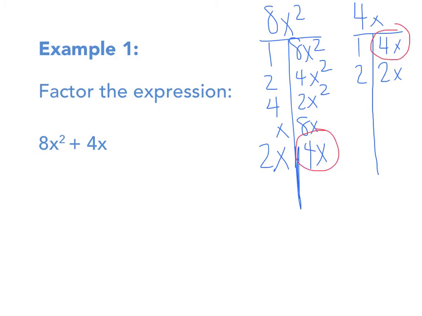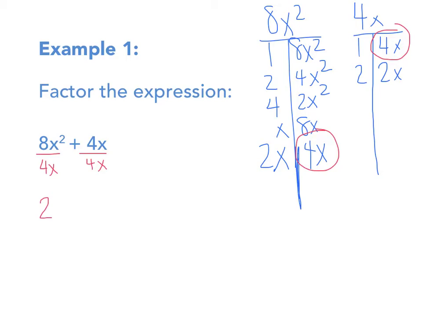So if I start with my 4x, I want to do step 2 and divide each term by 4x. So if I divide 8x squared by 4x, I know from my exponent rules that 8 divided by 4 is 2.